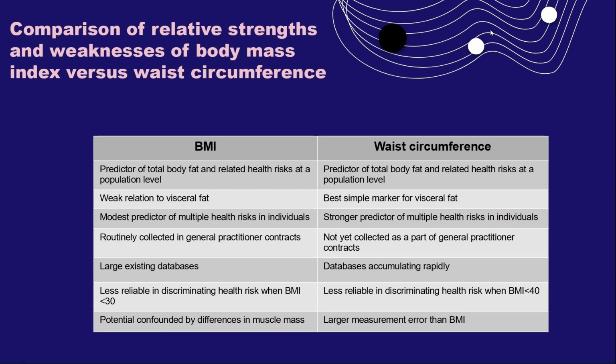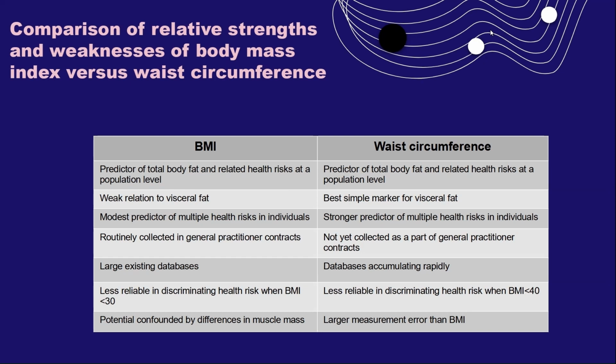Also, BMI serves as a modest predictor of multiple health risks in individuals, but can be confounded by differences in muscle mass, and this could lead to potential inaccuracies. On the other hand, waist circumference, while prone to larger measurement errors compared to BMI, is emerging as a stronger predictor of various health risks in individuals.